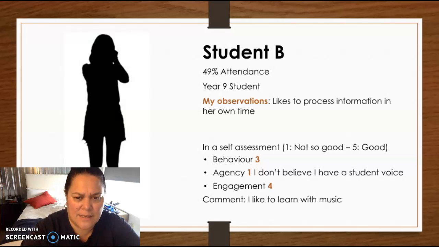One of the things that I found out about student B was that she actually feels quite discontent or separated from the class because she doesn't believe she has a student voice, which adds to her frustration, and she doesn't act out, she goes quieter, which I had no idea was happening for her. So I'm really glad I did this feedback form, and I was able to work closer with her to see if we can find some methods and approaches that suited her.